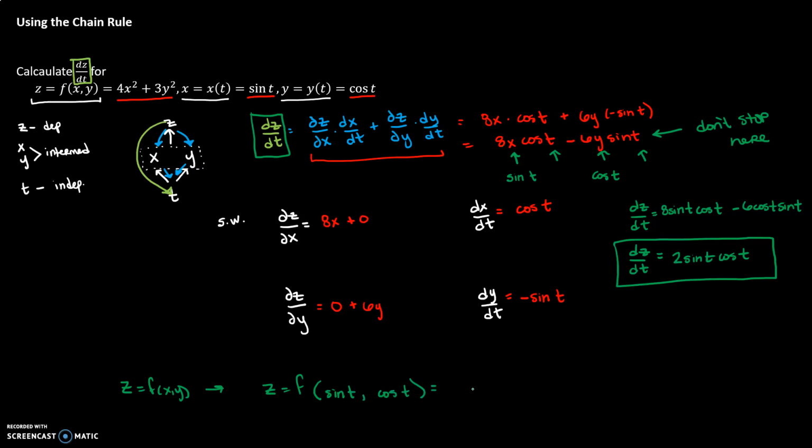And then that function is going to look like 4 sine squared t plus 3 cosine squared t. Notice that with this substitution, z becomes a function purely of t. And when we do our derivative this way, it might feel like it's a simpler process.